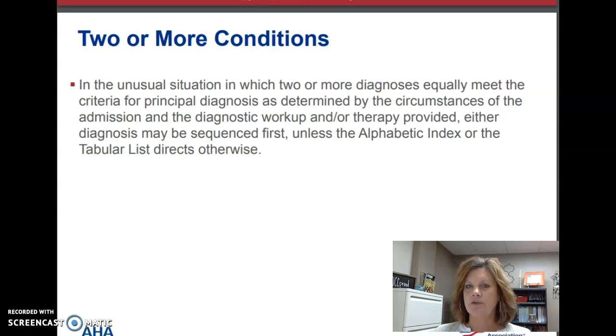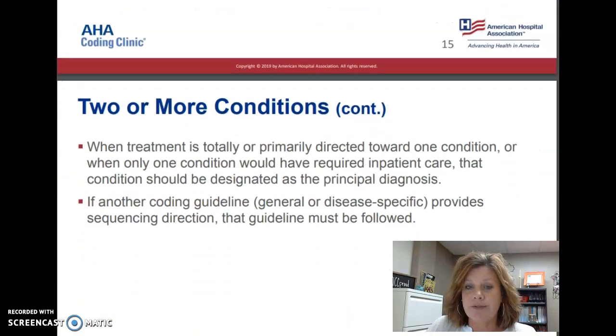I always like to tell my students in advanced coding, we're going to optimize. What code is going to bring the facility more money? And then we're going to get into MS-DRGs. So once we start talking about that, if we put either of these codes first, which one is going to, again, bring more revenue in? And again, it's not fraudulent because they both equal the definition for principal diagnosis.